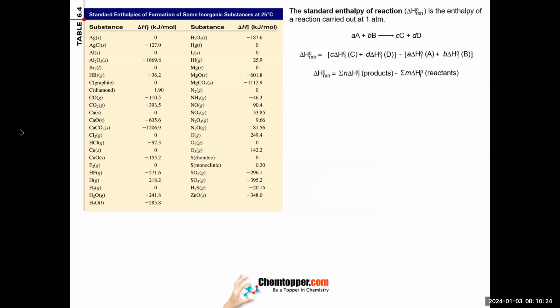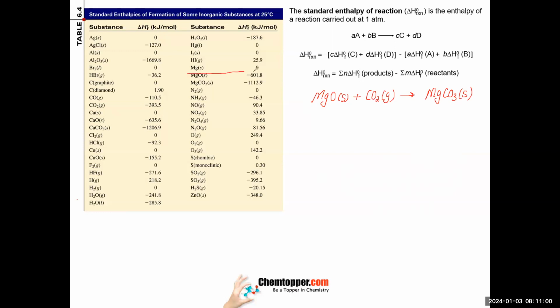Okay, I have to pick up a question whose values are given here. MgO solid reacting with CO2 gas giving you MgCO3 solid.